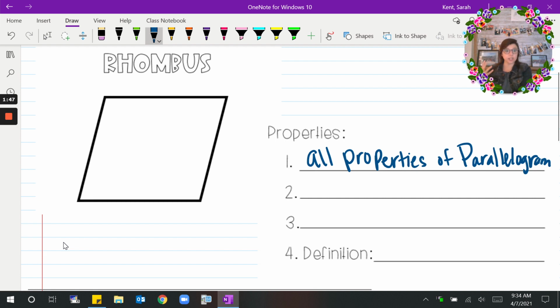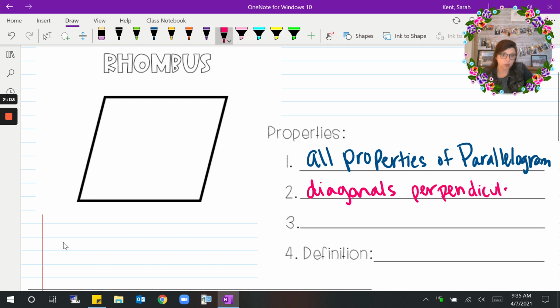So all of that is true for a rhombus. In addition to that, our diagonals are perpendicular. That means our diagonals cross at 90 degrees.